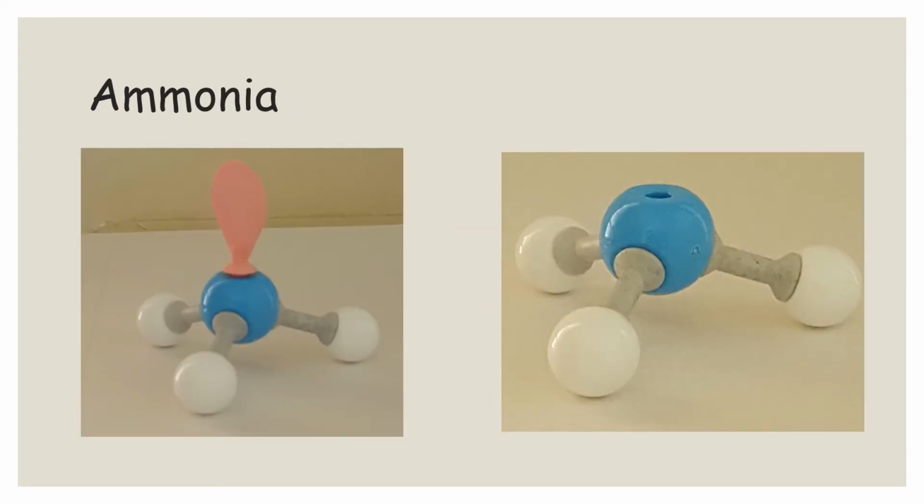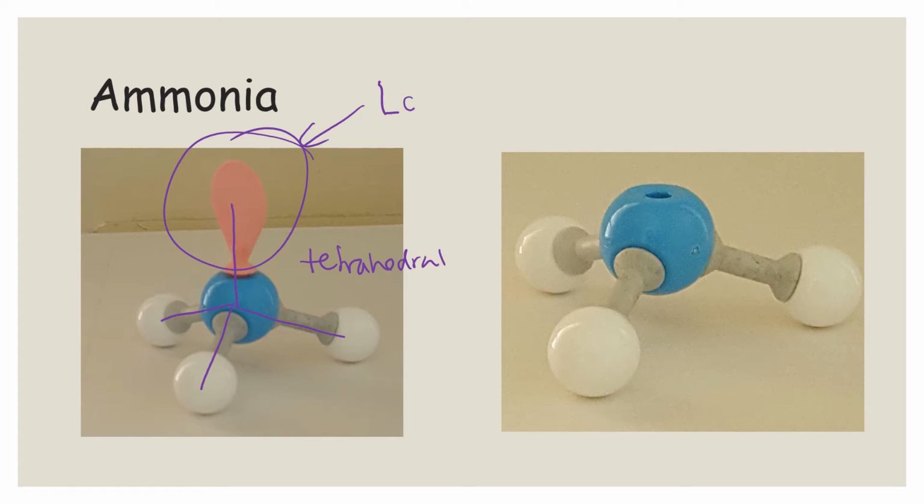So, this wants to arrange the bonding and non-bonding pairs as far apart as possible. You can see here that it's arranged these non-bonding and bonding pairs in a tetrahedral fashion. However, we don't describe what we can't see, and we can't see a lone pair of electrons.